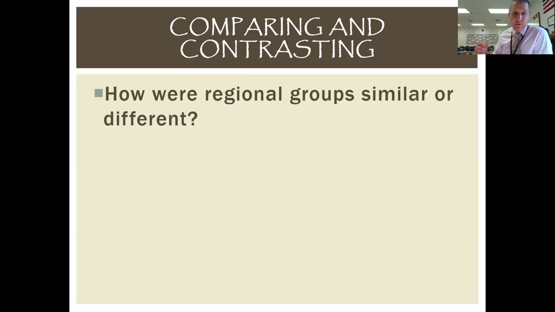And we'll take that just a step further in a second, but we want to find similarities and differences. So if you can use your chart here, this will be a great help to you. How these regional groups are similar or different, I want you to take and compare some. So I want you to tell me either a similarity or a difference between each of these two groups.